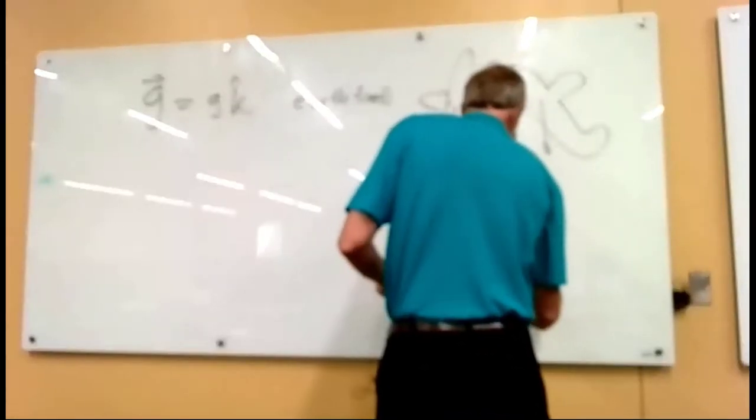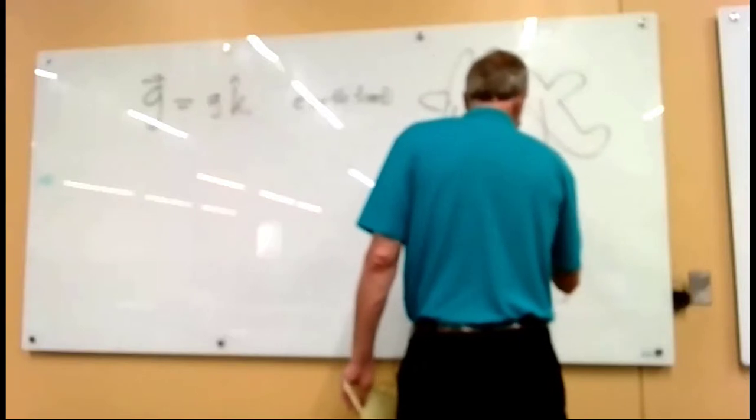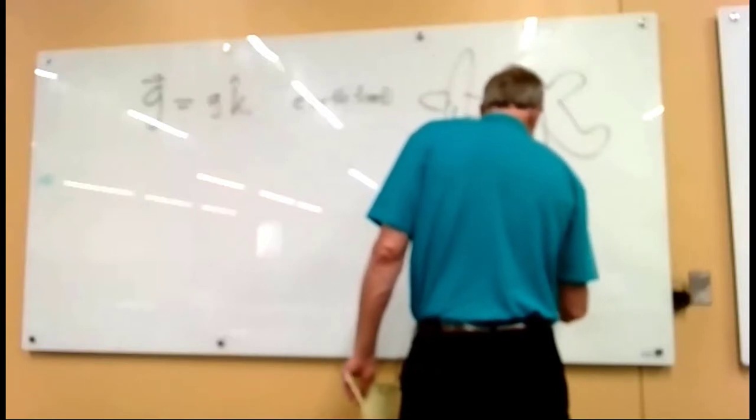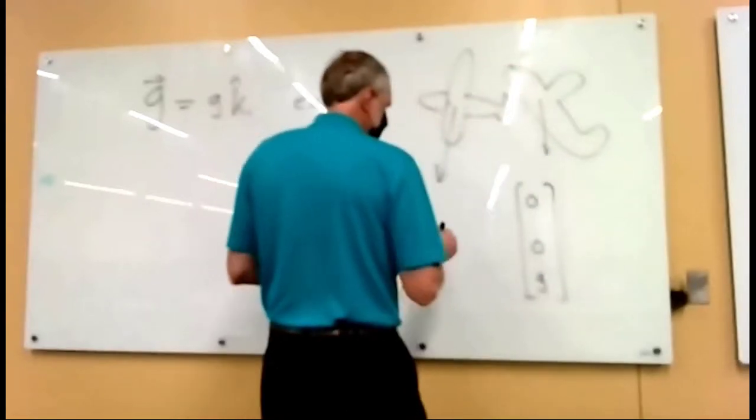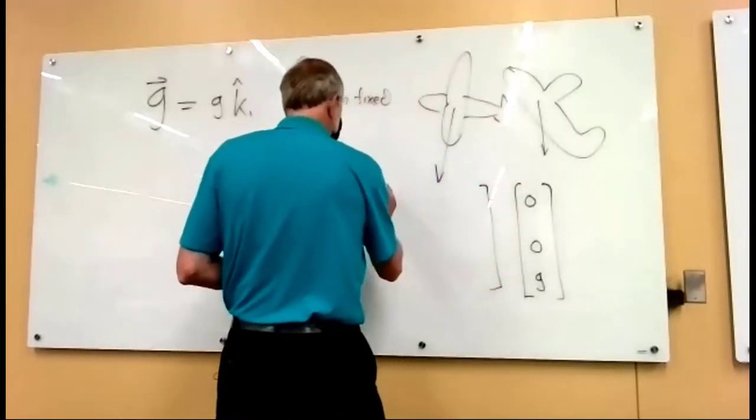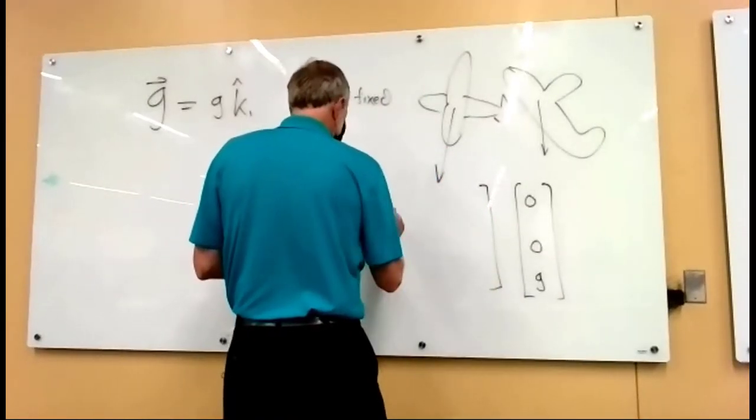So we're going to take the gravity vector in the Earth fixed axis, and then we have to transform it through psi.